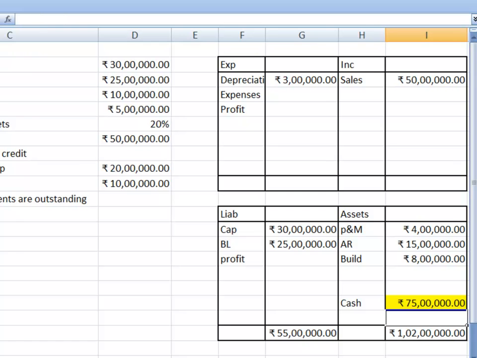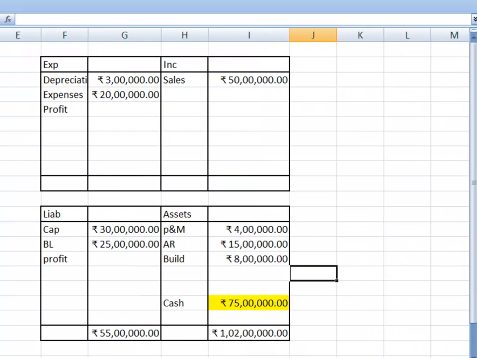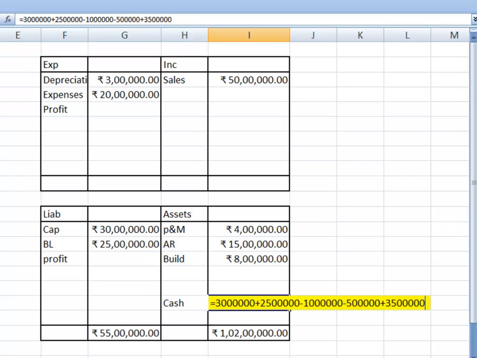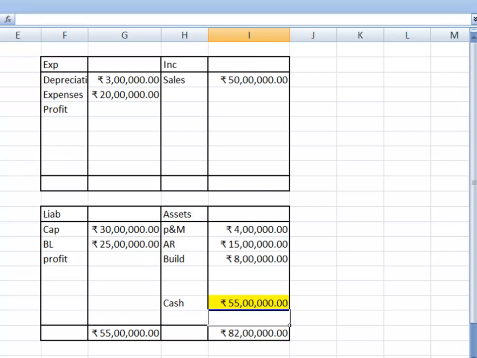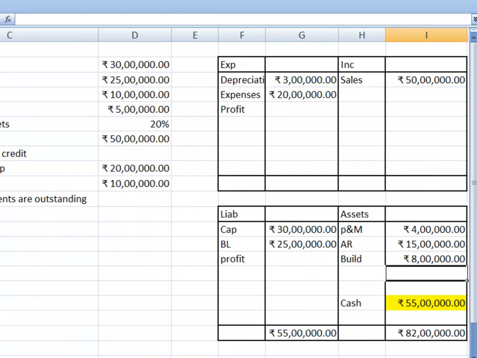Next item would be manufacturing expenses 20 lakhs. Cash will reduce by 20 lakhs. Next item is salary 10 lakhs. Salary 10 lakhs here.